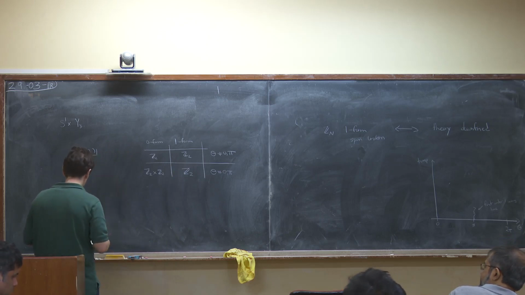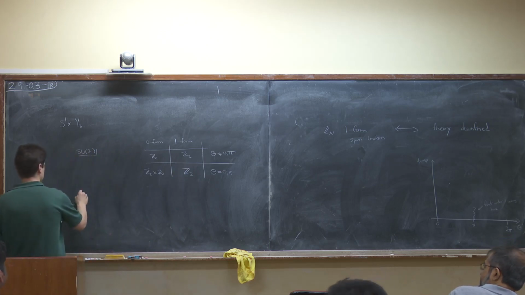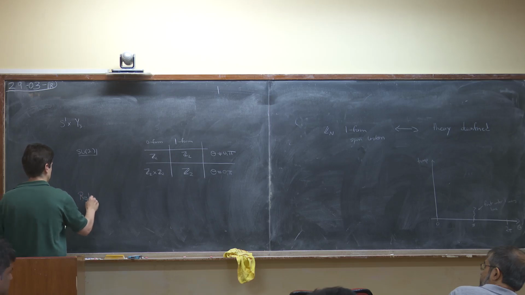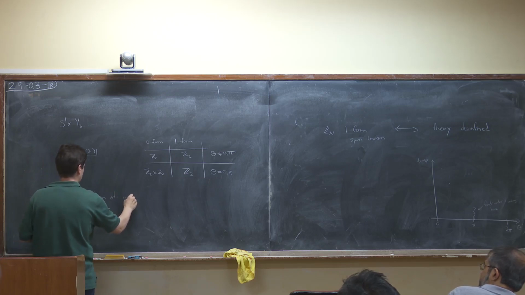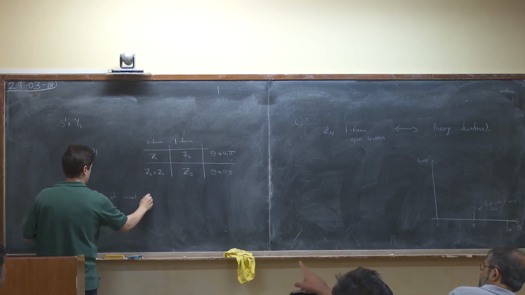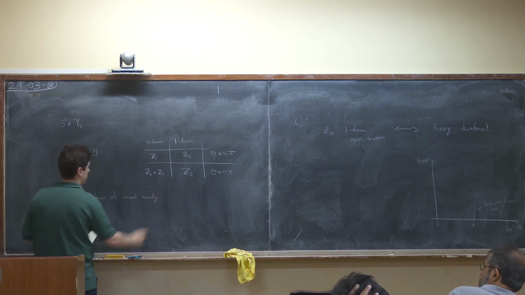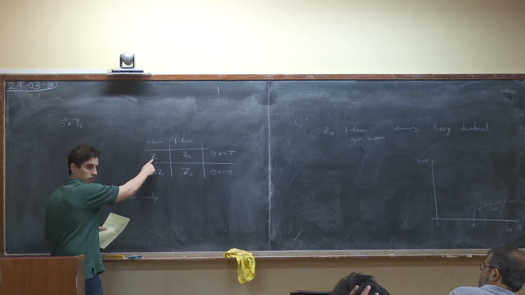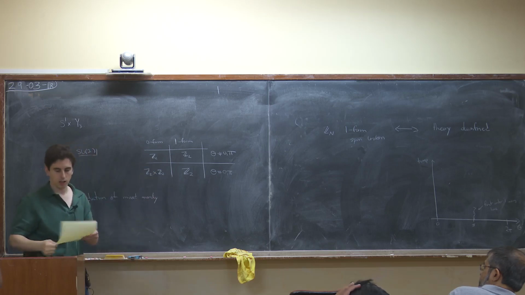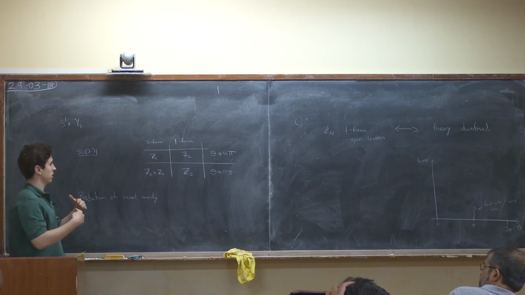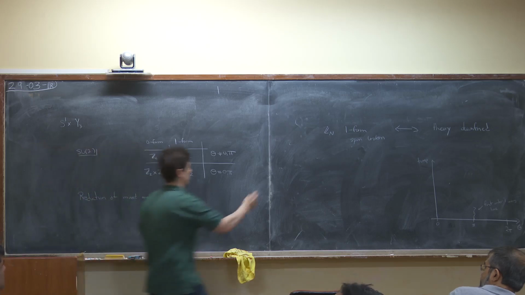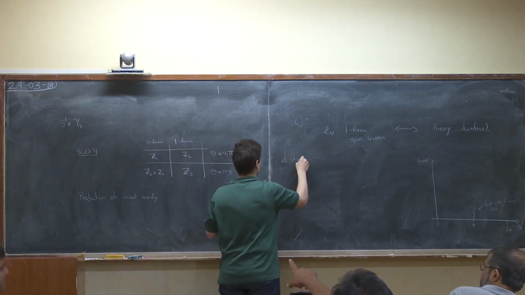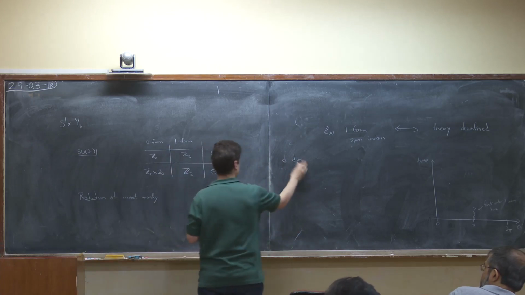And what does this mixed anomaly look like? In D dimensions, these are 3D symmetries.